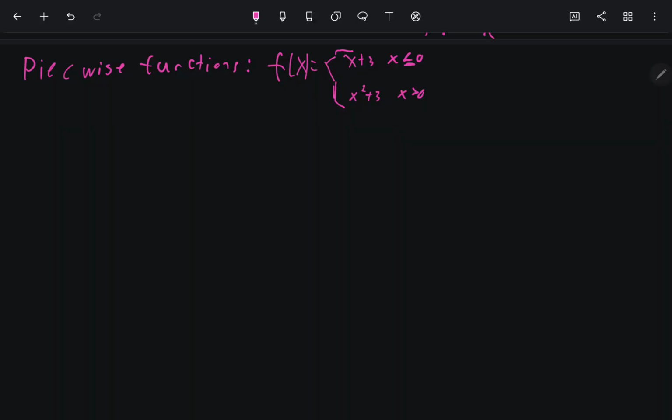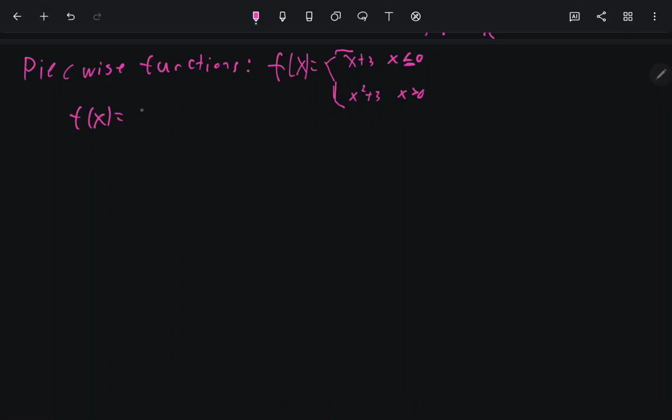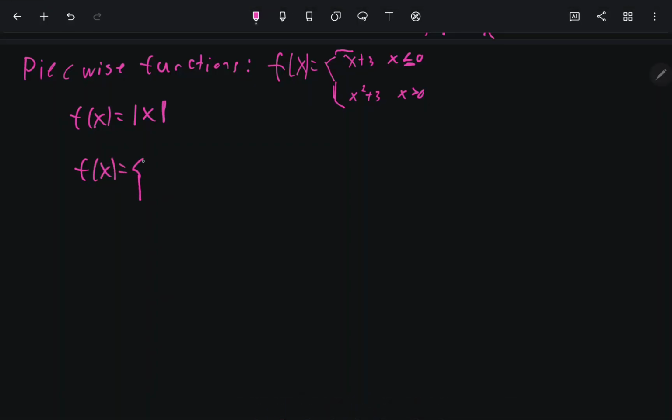Another really good example of a piecewise function is f of x is equal to absolute value of x. And you might be like, that doesn't look like a piecewise function. But we can actually break this down into a piecewise function where negative x is for x less than 0, and x is for x greater than or equal to 0.